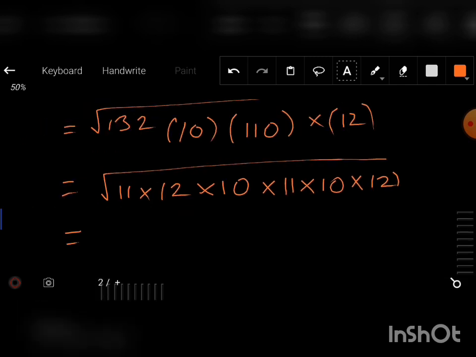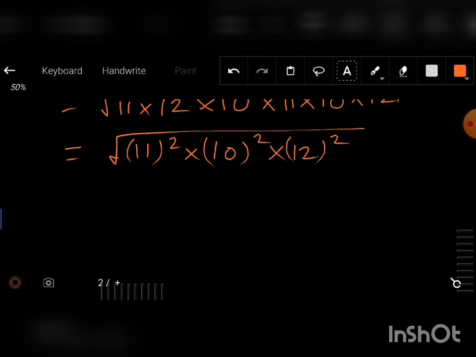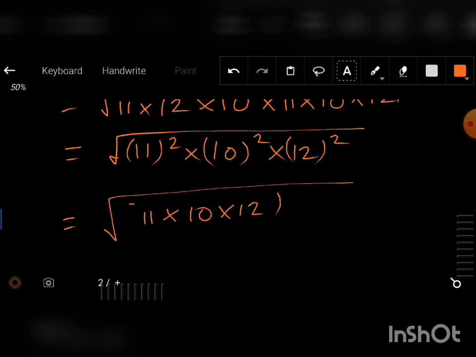Let's group them. 11 square into 10 square into 12 square. This can be written as 11 into 10 into 12 whole square.